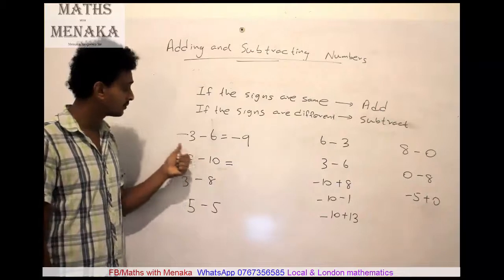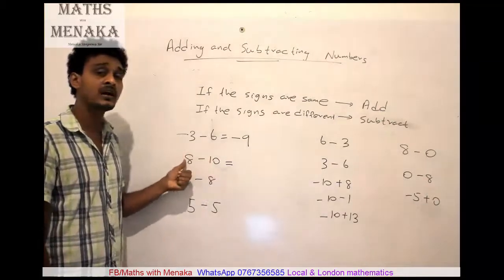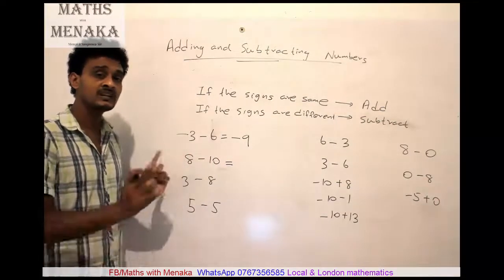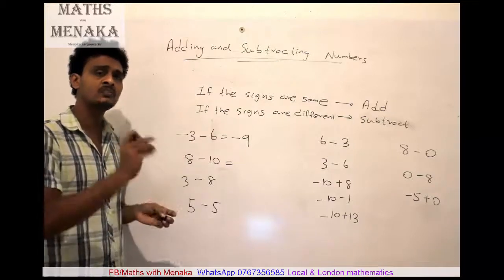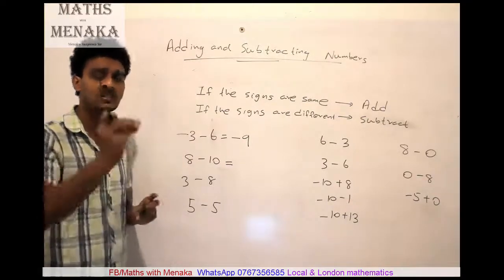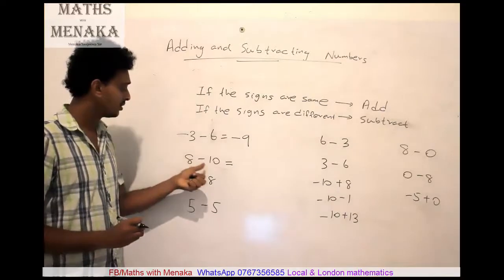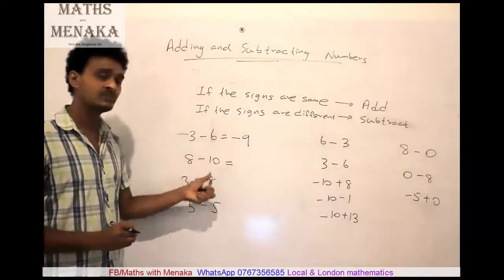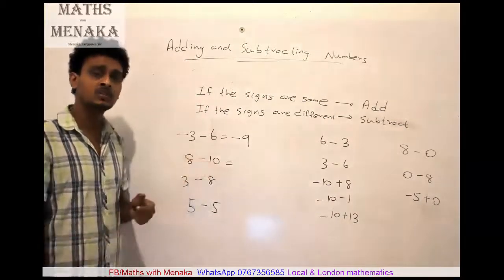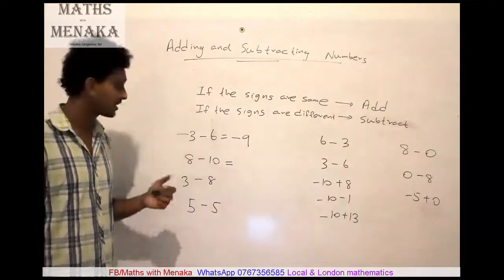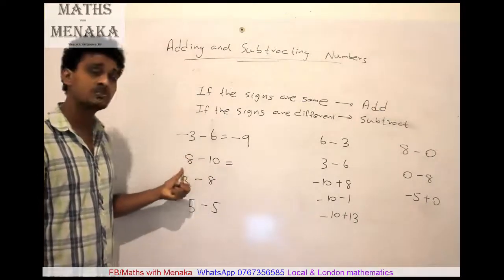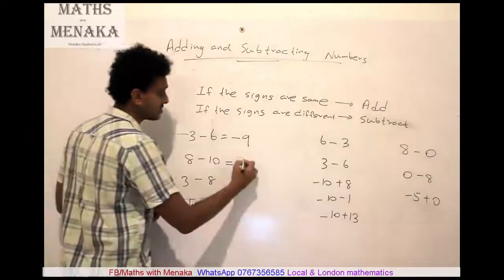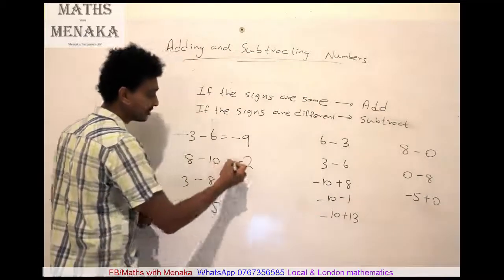From 10 you have to subtract 8. If the signs are different, you have to subtract. Always subtract the small number from the larger number. So if the large number is after the small number, even then you have to subtract it. From 10 you have to subtract 8. The answer is 2. The sign is negative, the sign of the large one.